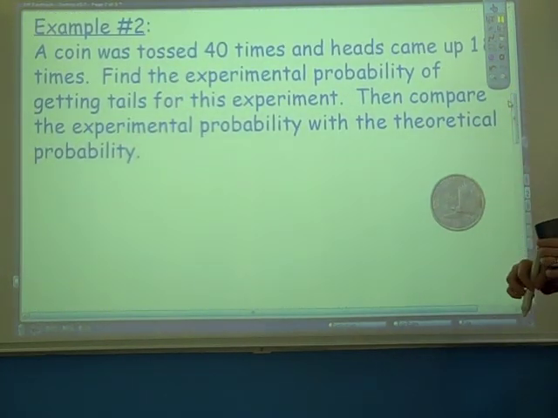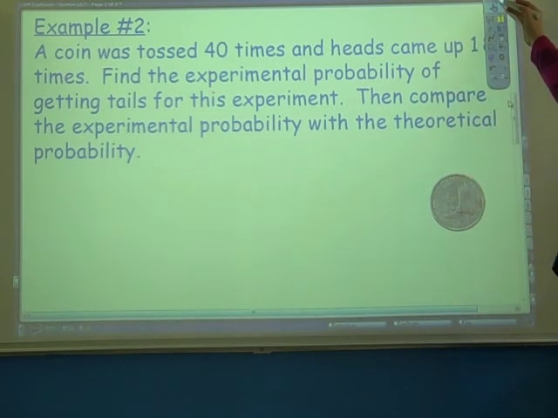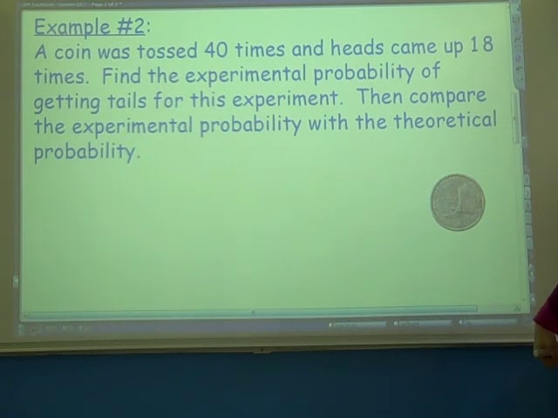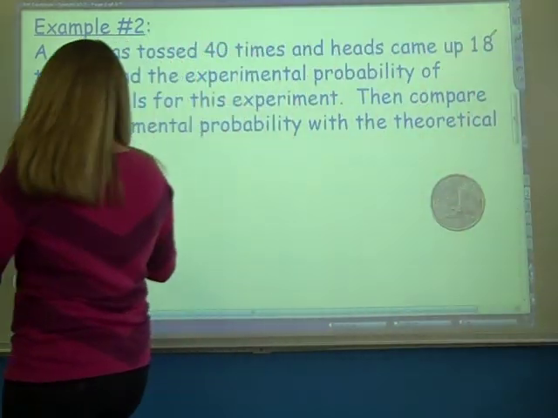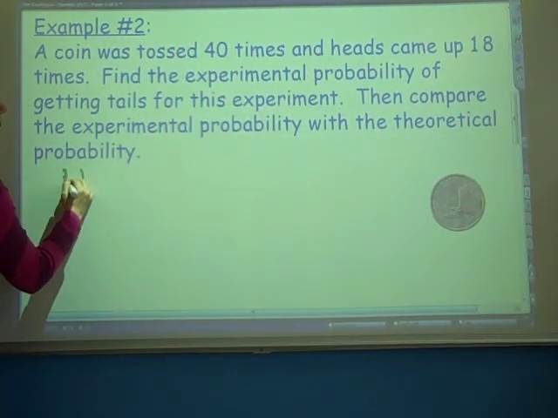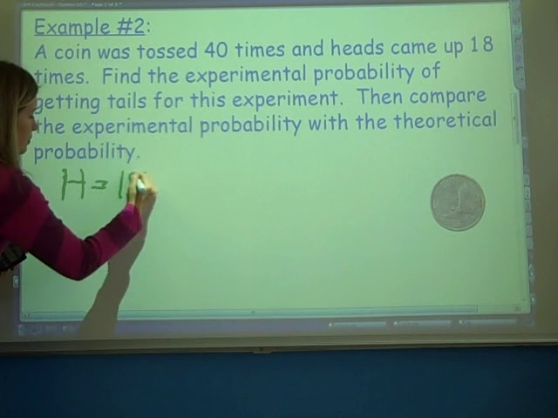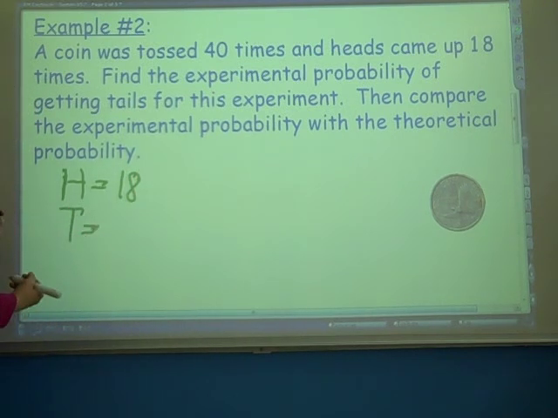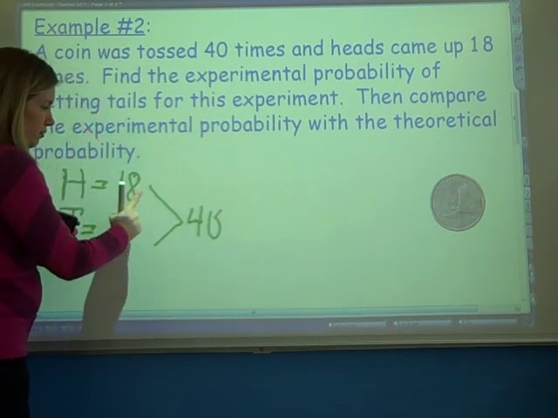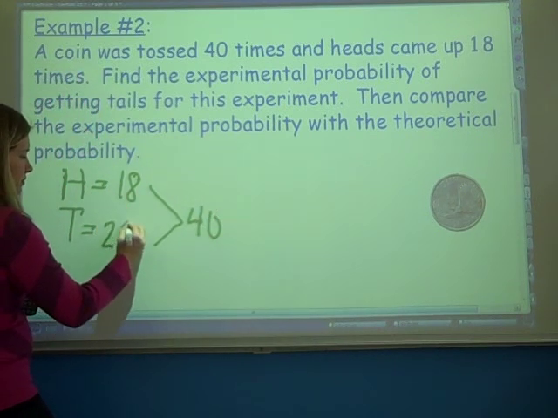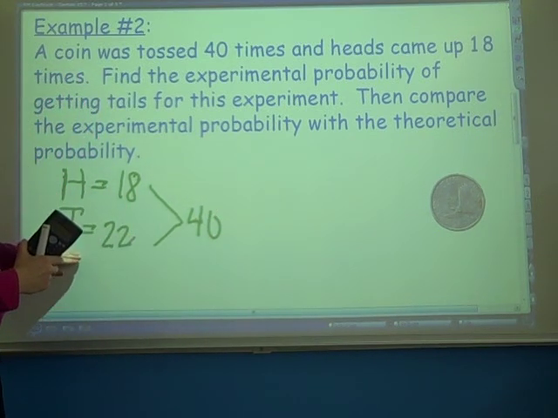Let's do another one. A coin was tossed 40 times and heads came up 18 times out of the 40. Find the experimental probability of getting tails for this experiment. Okay, so if heads came up 18 times, to get tails out of the 40, because they would have to add to 40 times, you do 40 minus 18, you get 22 for getting tails.